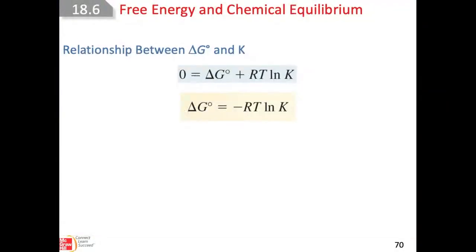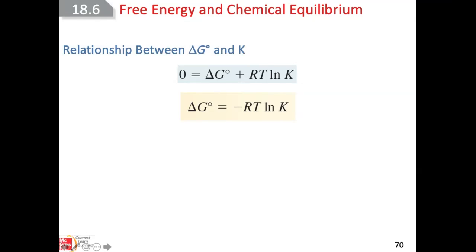So, what is the relationship between the delta G standard and the K? When the reaction reaches equilibrium, that means delta G will equal 0, and the Q becomes the K, the equilibrium constant.